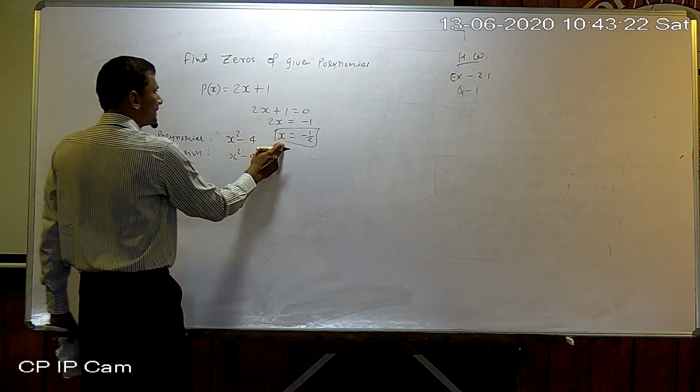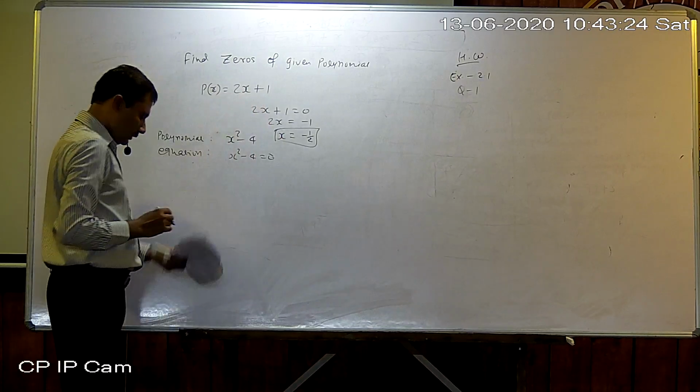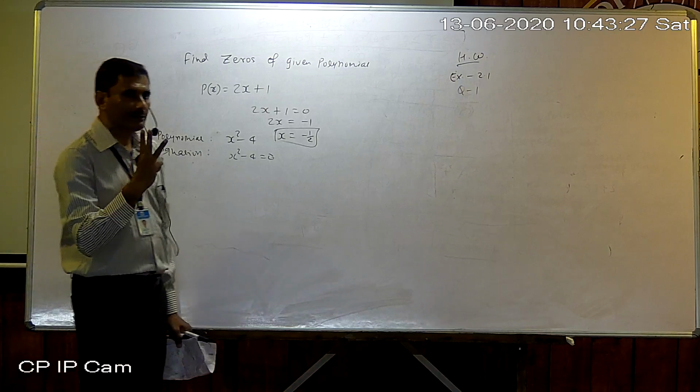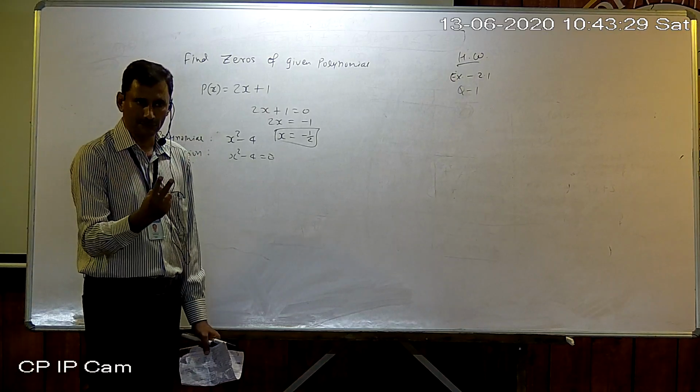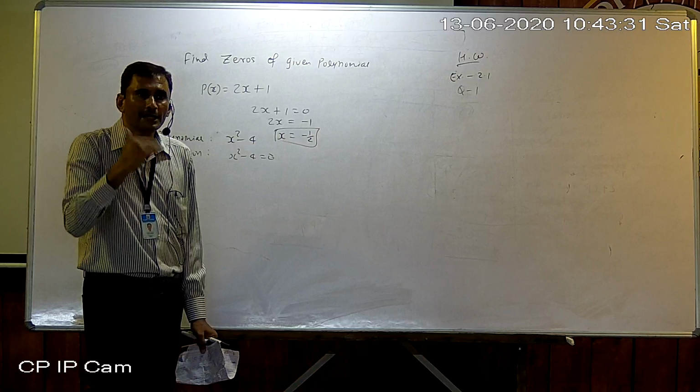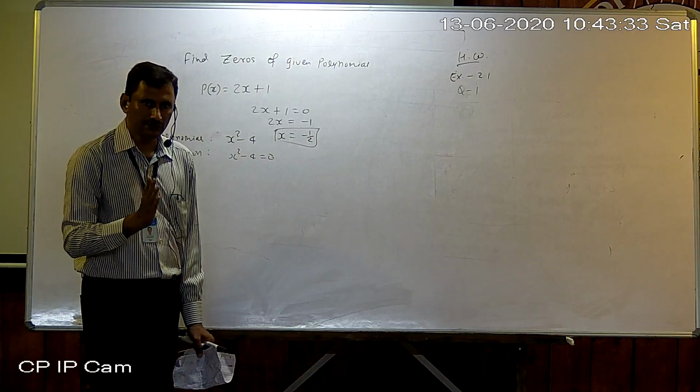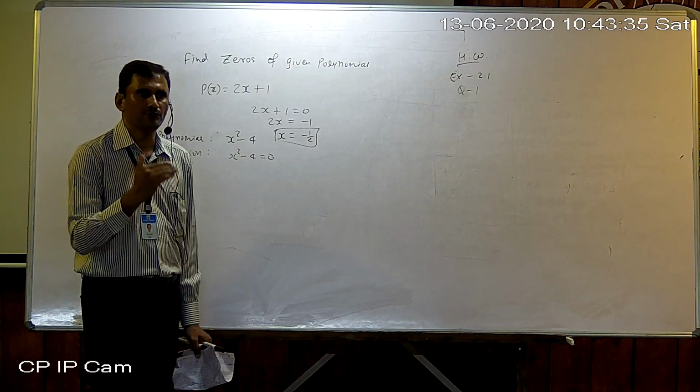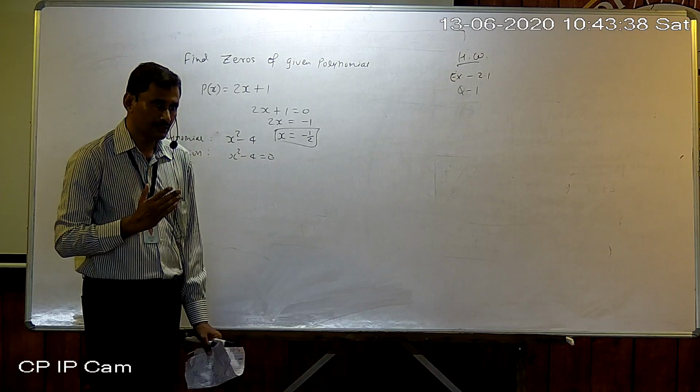And the number of zeros is 1. Why? A linear polynomial has 1 zero only. A quadratic polynomial has at most 2 zeros. A cubic polynomial has at most 3 zeros. At most means maximum, so not always 2 and 3, maybe less.